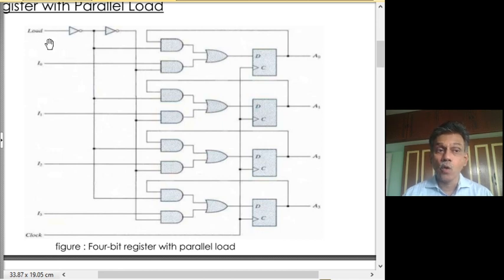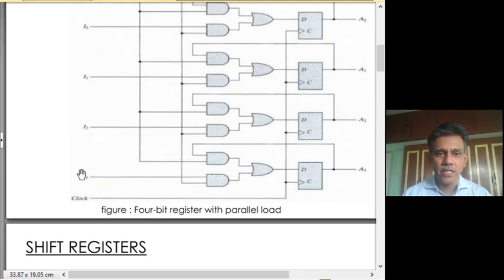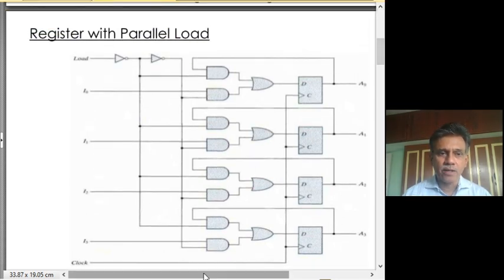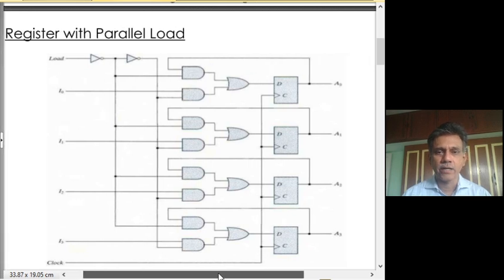On the other hand, when load is equal to 0, we essentially suppress I0 to I3 from propagating to the D inputs of these flip-flops. But what will get stored is a question that needs to be answered. We want the flip-flop to retain the bit.